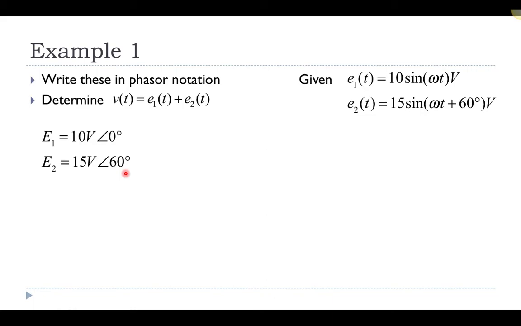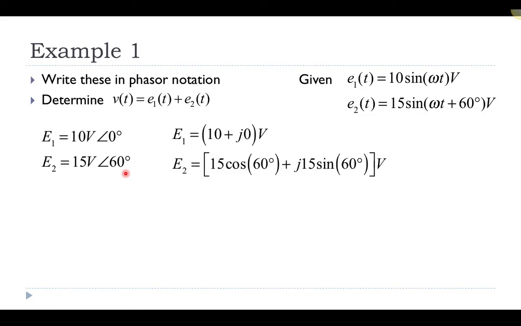Now what I can do is treat these as complex numbers. If I treat these as complex numbers, I can write them in their complex form by using the fact that the real part for the first one is 10 volts times cosine of 0, which is 10. And then, of course, there's no imaginary part because this would be sine of 0, and that would be 0.